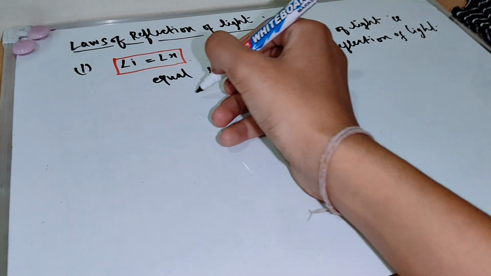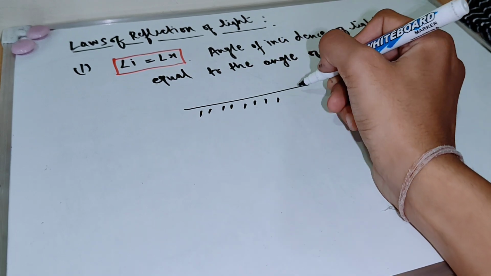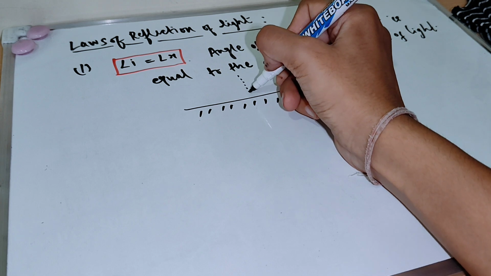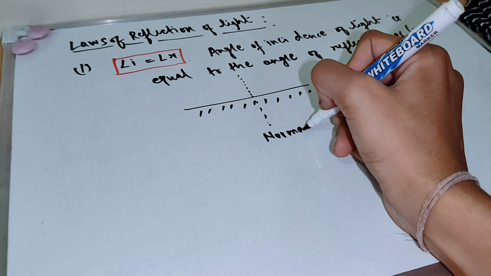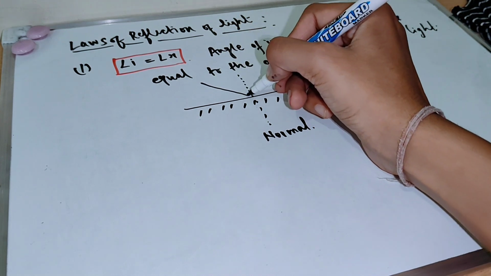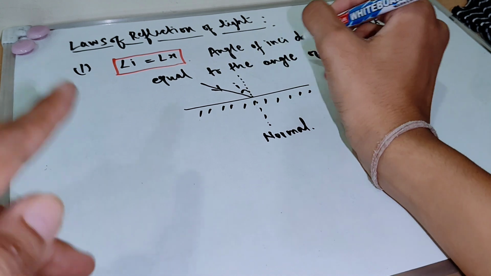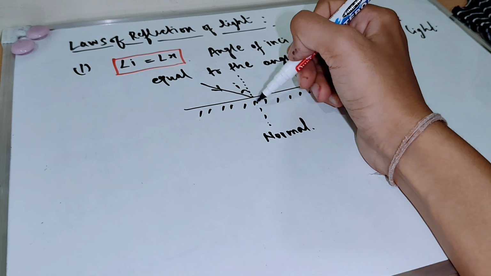This law means that if I have a plane surface over here, let's say I have the mirror in which you look at yourself every day. This is the normal of the mirror, and here comes an incident light at some angle I. I'm going to call the angle of incidence with respect to the normal.